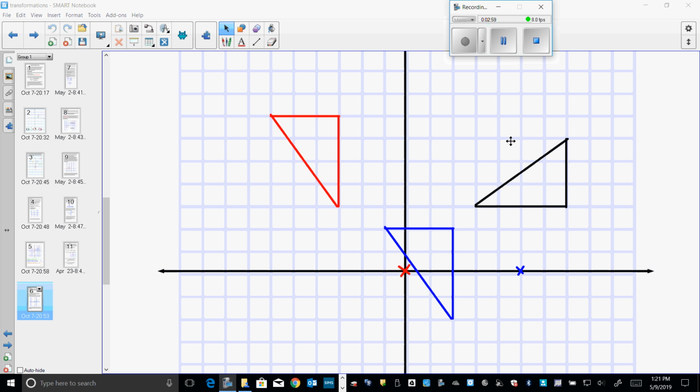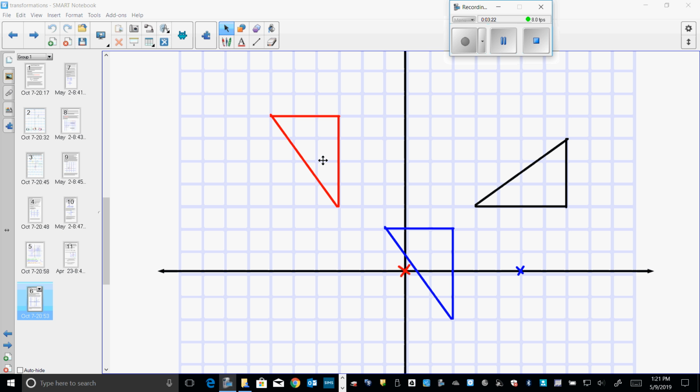If this black shape here was rotated with this as its center, the red one, then your figure would actually be over here. So whilst some people think it must be really easy, the center of rotation makes it a little bit more challenging and super important that you get the correct point.